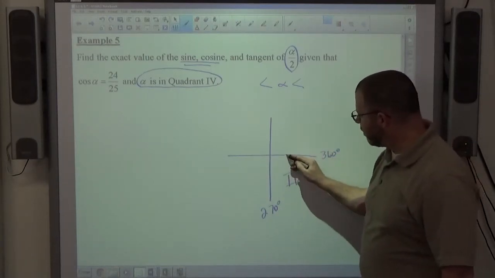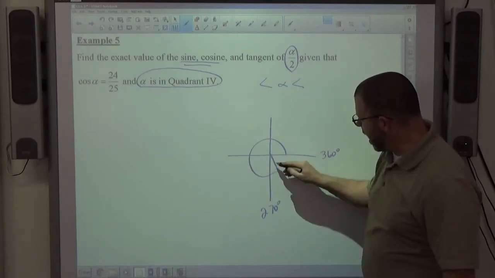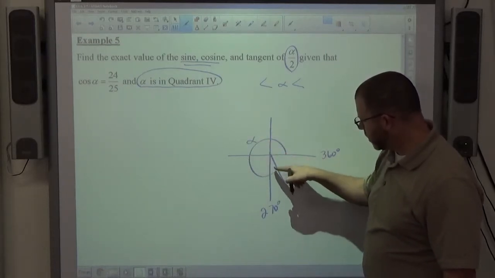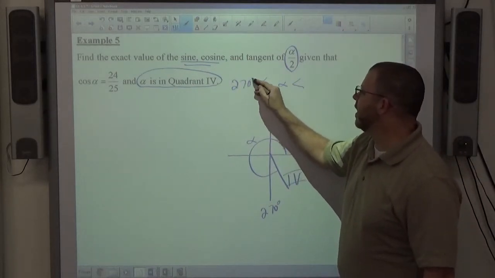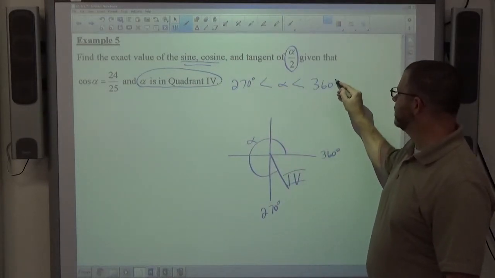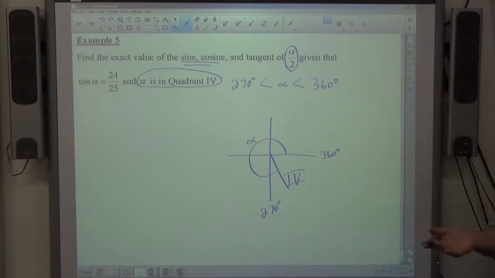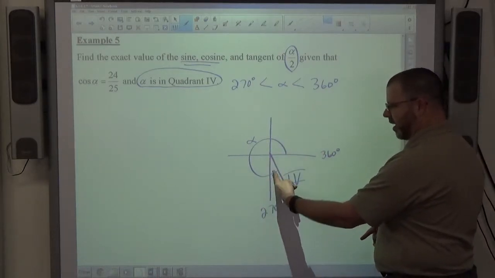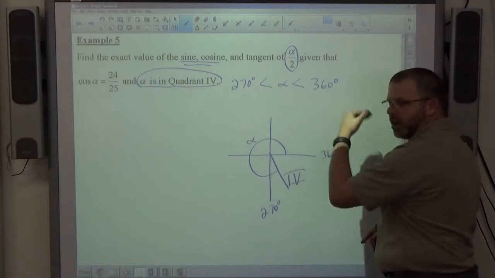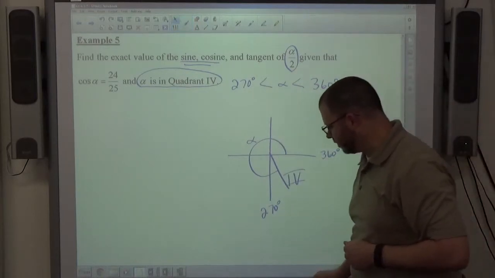So if we're measuring around somewhere to get alpha, it's between 270 and 360. So we're going to write an inequality to represent that fact. Sometimes they give you the inequality, sometimes you have to make it yourself, but each of the quadrants can be written in that manner. The small number is less than the angle, is less than the big number. That's how you write the conjunction.